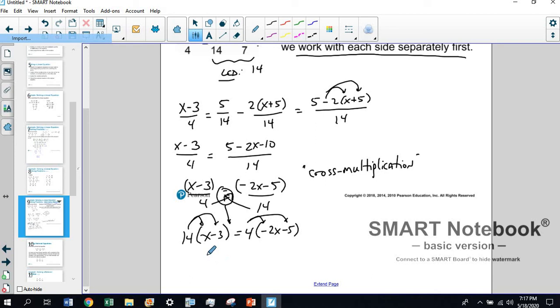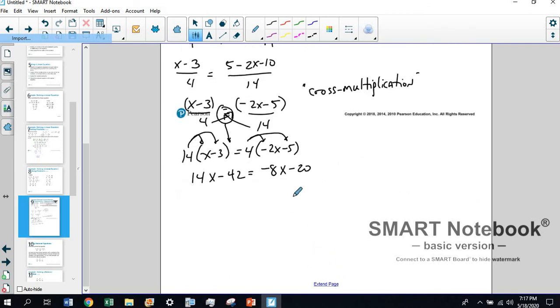Okay, so this is going to take a little longer than the other method did. 14x minus 42 is negative 8x minus 20. We're going to add 42 to both sides to get rid of the constant. That gives us 14x equals negative 8x plus 22.